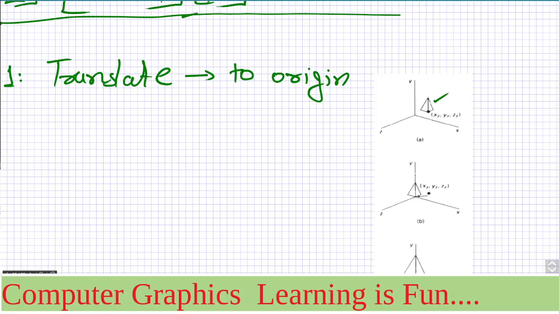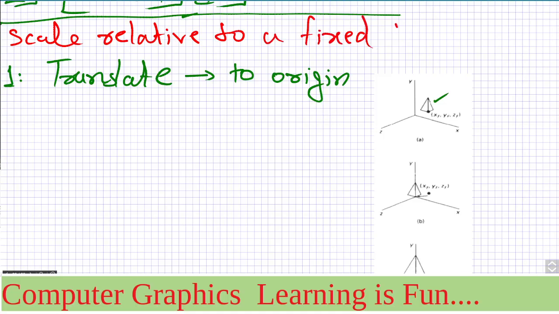You want to scale it relative to a fixed position or fixed reference point. So the first step is to translate to the origin, wherever it was. From there move it to the origin.